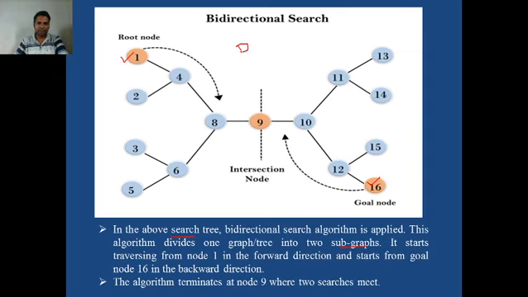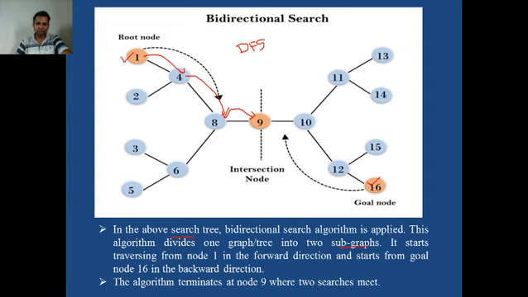For example, here depth first search is applied. From 1 the next node traversed is node 4, and from there the next is traversed, and from 8 the next is traversed. Simultaneously from node 16 the backward search is also going on.